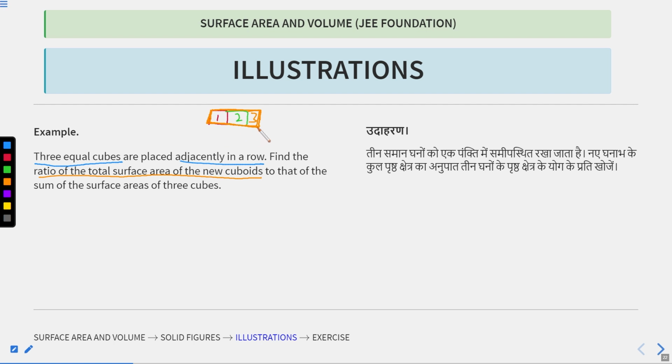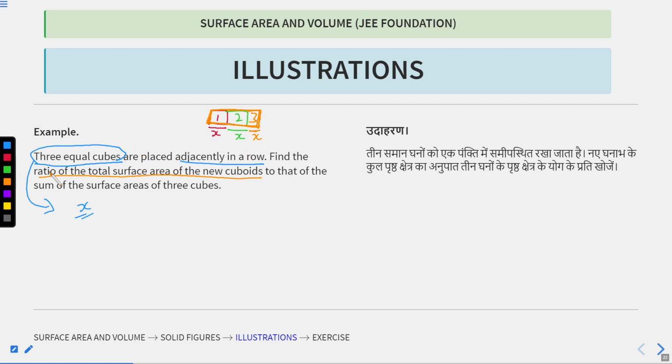So I am now getting a new cuboid, and suppose the three cubes are equal, then let's take the cube sides as x. From this to this is x, from this to this is also x, and from this to this is also x.